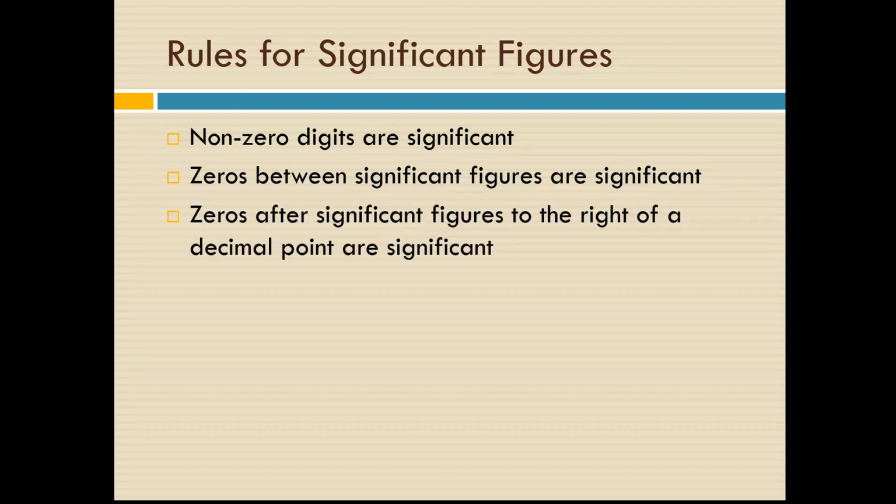Zeros after significant figures that are to the right of a decimal point are significant. Let me give you an example here. I have here a 2-meter stick. My 2-meter stick right in the middle says 100 centimeters. Or I could write it as 1 meter, right? Halfway through the 2-meter stick. But how precise is it?